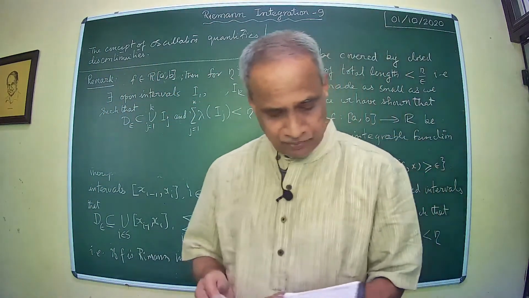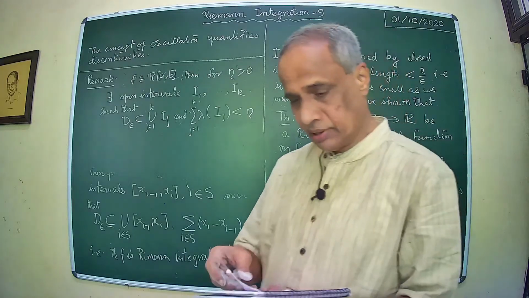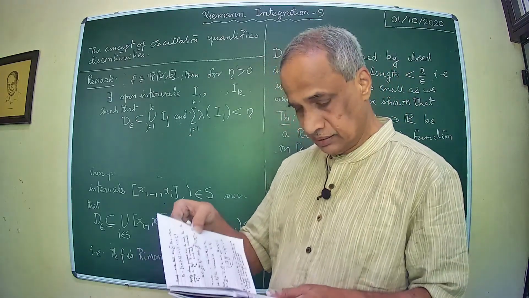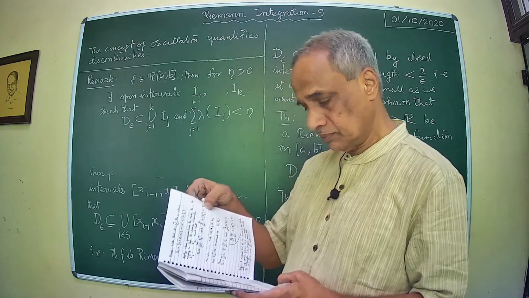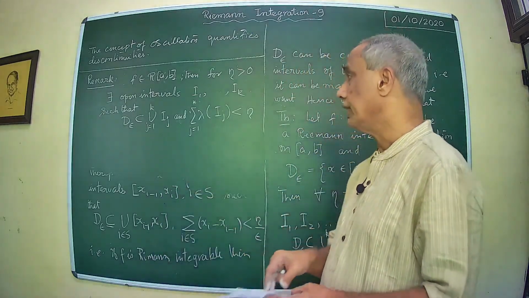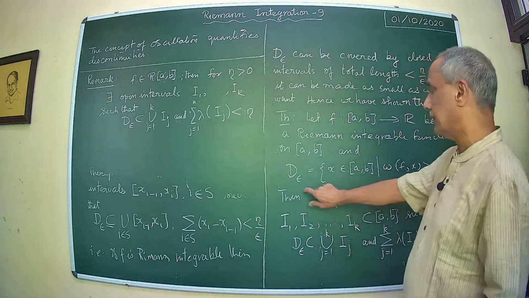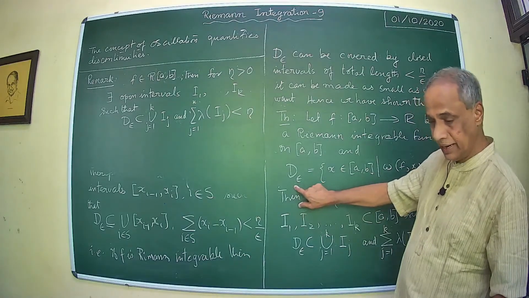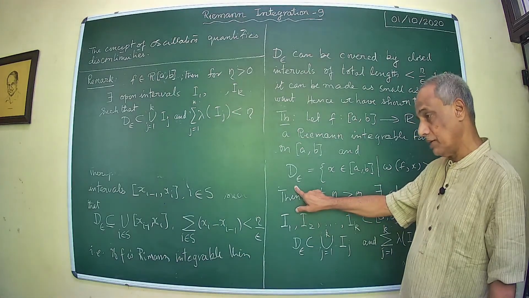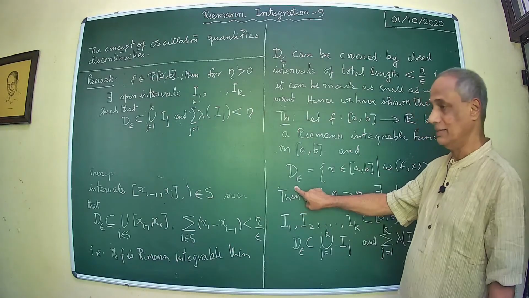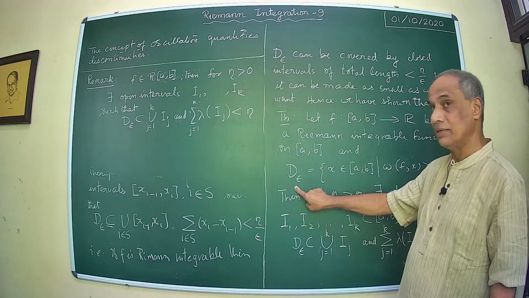So what we prove next is a corollary which talks about Riemann integrable functions. That means we have here a sort of covering for D epsilon. Now what we want to do is work on D. How do you get to D?